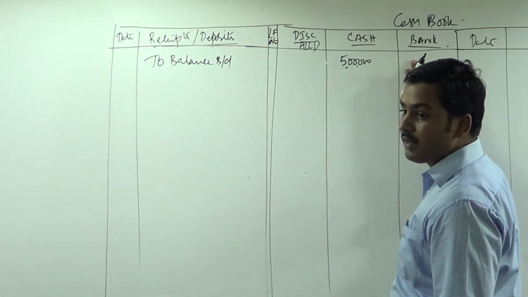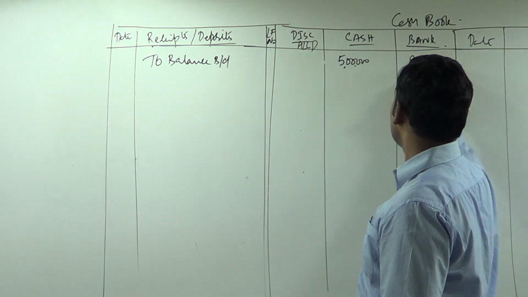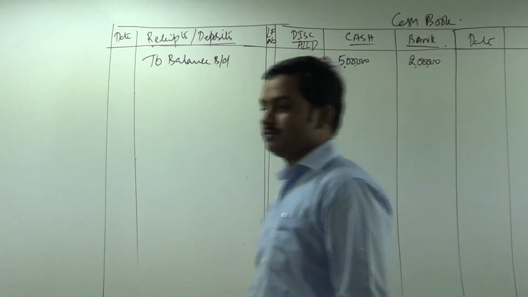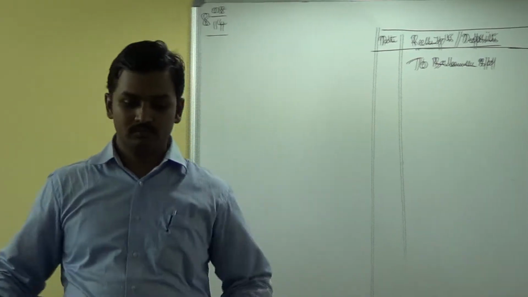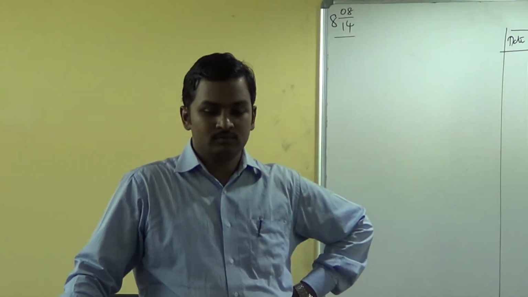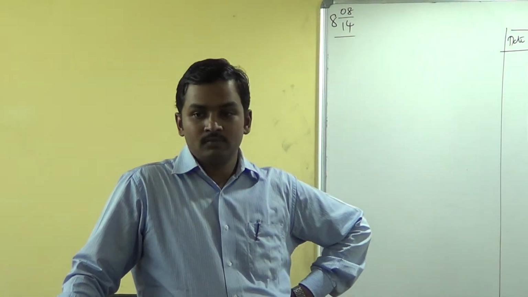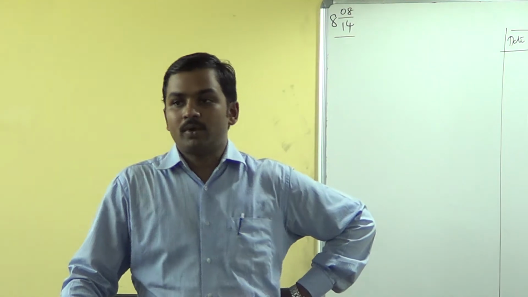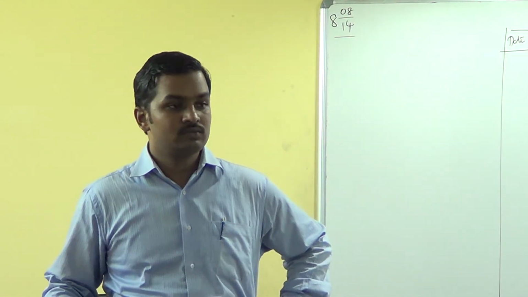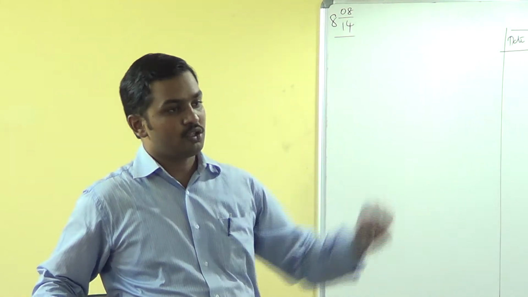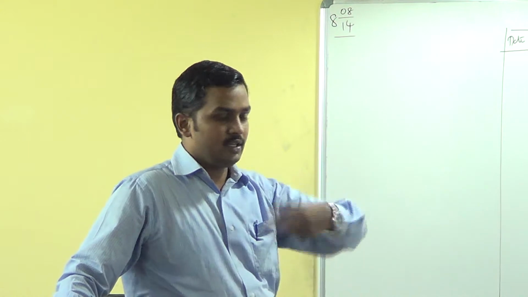How much is the bank balance? 2 lakhs. Suppose the problem says there is an overdraft bank balance, then what will you do? Withdrawal side, by balance brought down in the bank column. Okay. Next transaction.